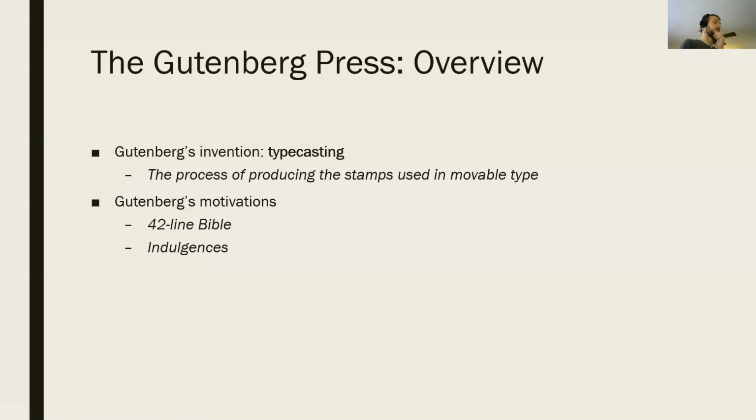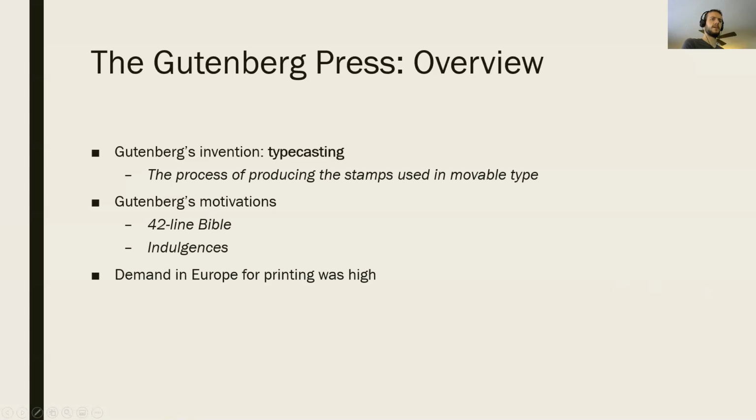And also another major motivation for Gutenberg was the production of indulgences, a document which absolved a person of sin by the Catholic Church in exchange for some money. And this was a process that became very corrupt, as we'll talk about a little bit later in this module.